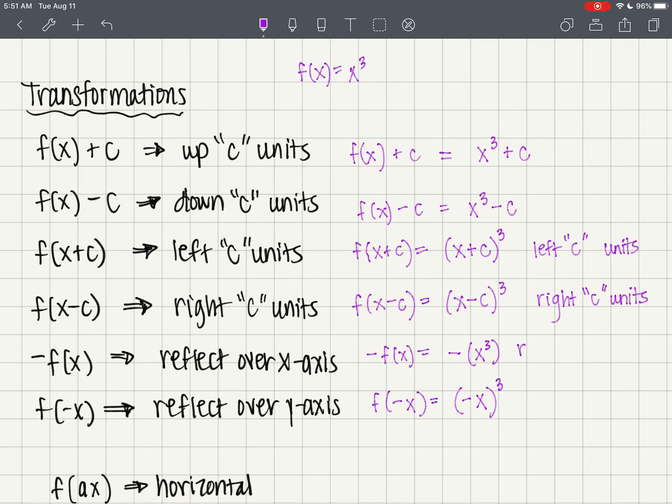So this acts as a reflect over x, and this is a reflect over y. So your negative inside is a reflect over y, your negative outside is a reflect over the x-axis.